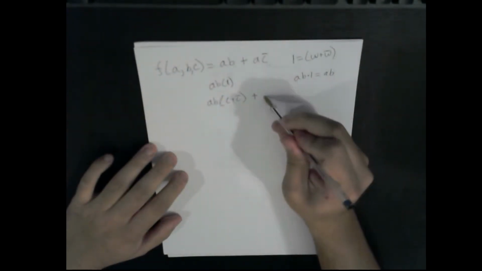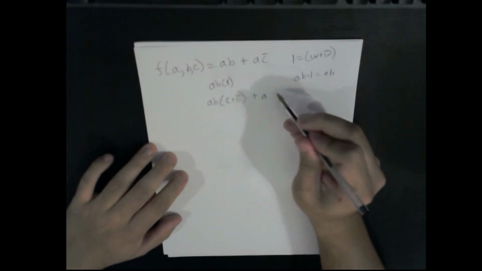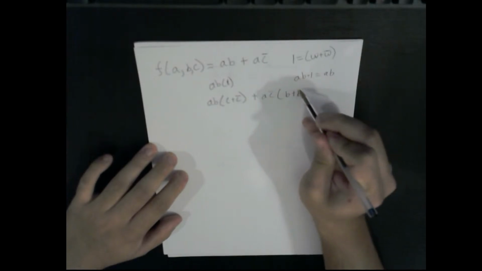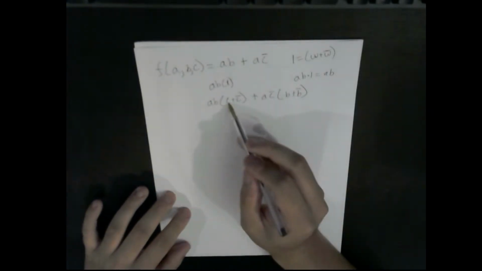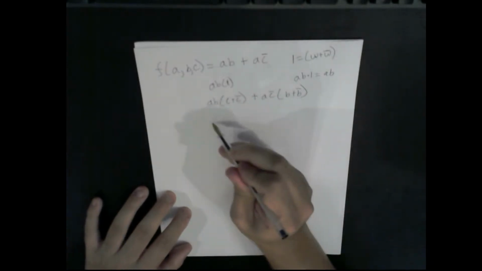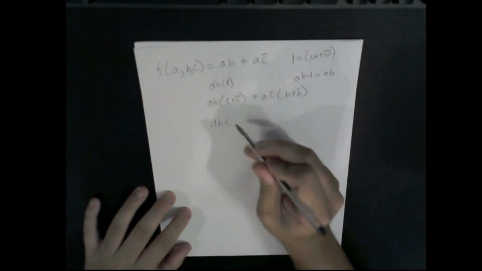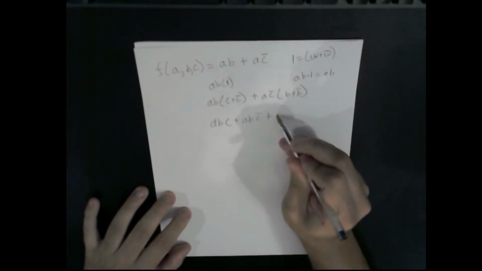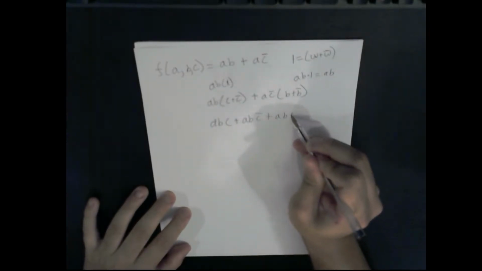And I can do the same thing with B here. I have AC naught, and then I can write B plus B naught here. And I can use this distributive property of Boolean algebra here. I can distribute this term onto both these terms on the inside here. So I can write ABC plus ABC naught plus ABC naught.